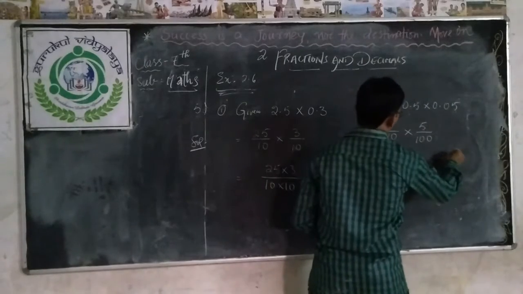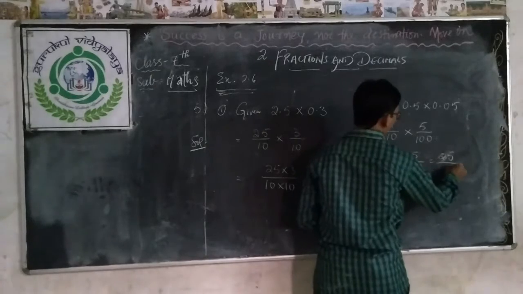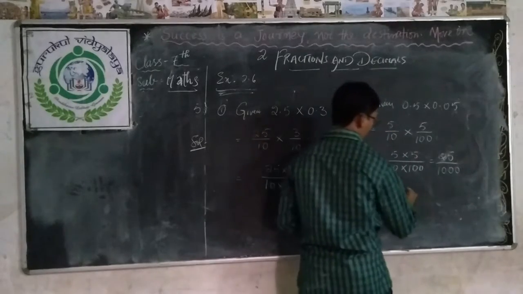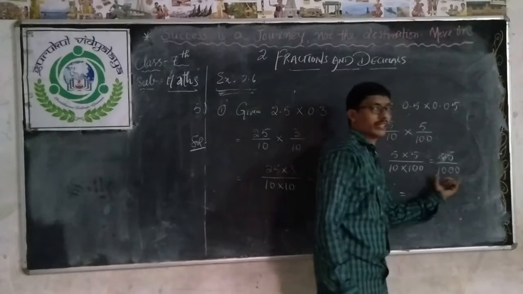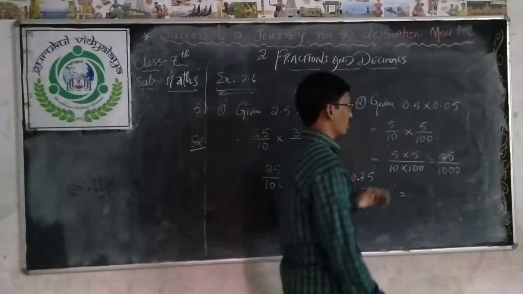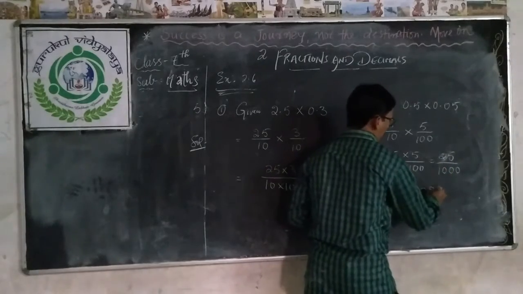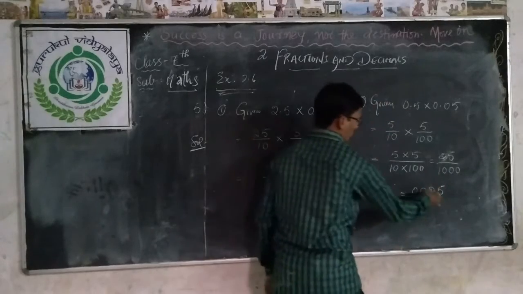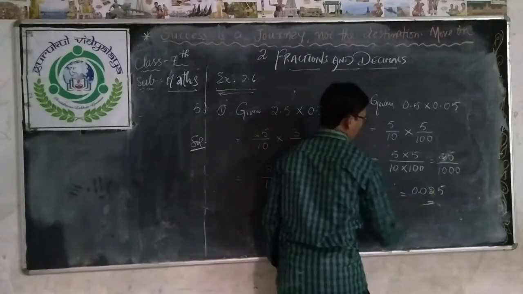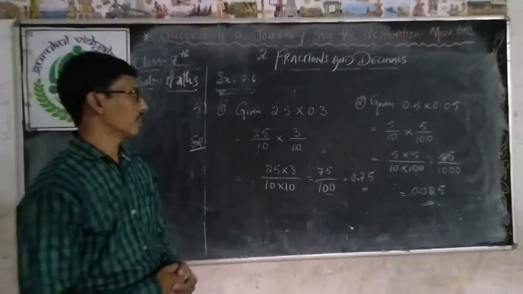So 5 fives are 25 by 10 into 1000, that is 10,000. So 25 is a 2-digit number, 10,000 is a 5-digit number. So you have to add 3 more zeros from the numerator. How many zeros are there? 4 zeros. So 4 digits after you can keep the point. You will get the answer 0.00025. Answer, children.